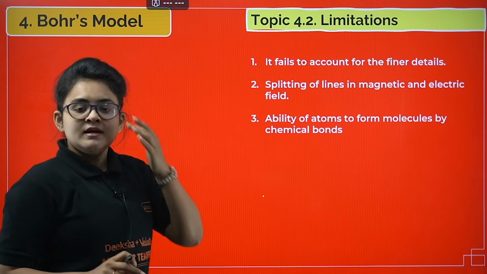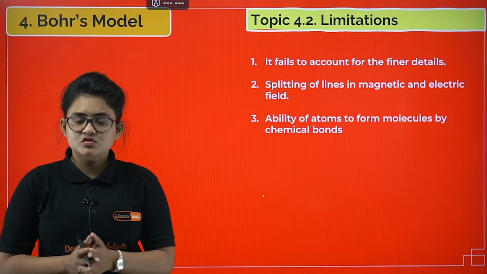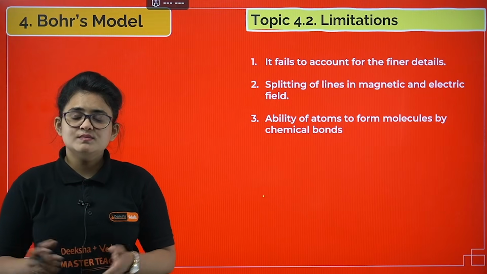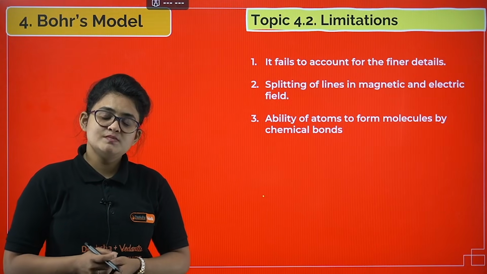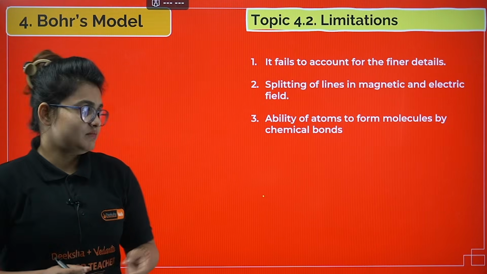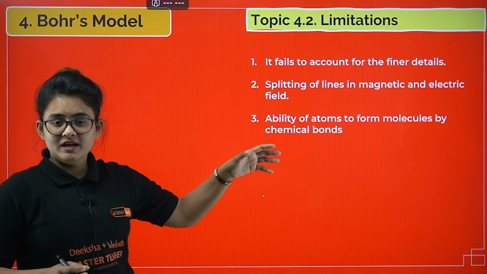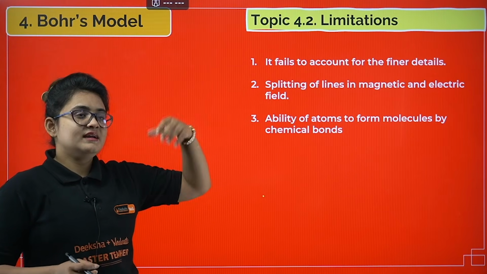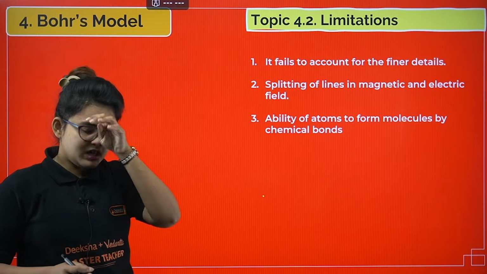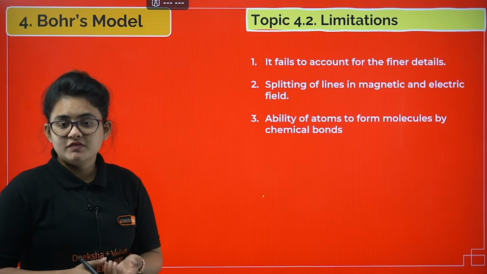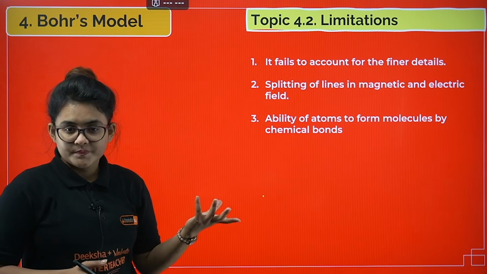Now the limitations. It definitely fails to explain the finer details. If the hydrogen spectral radiation we get when the electron comes back is placed in an electrical or magnetic field, it splits further.